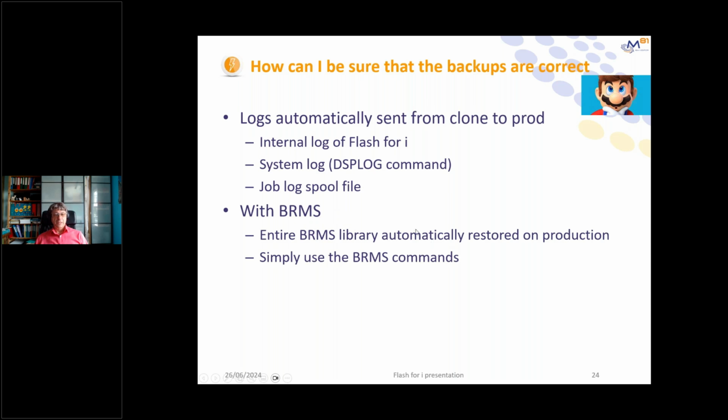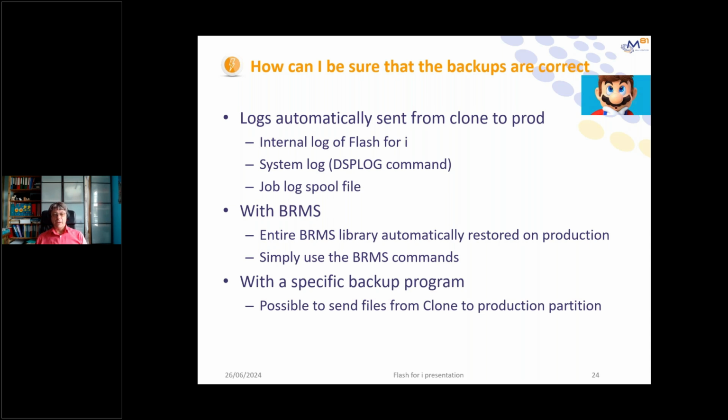And if it's BRMS, the entire library is saved and restored on the production. So you have everything from BRMS. So just use BRMS commands. And if you have a specific program, there's one command that you can include in your program that will send a library or a file or whatever you want to the production. So you will also have the history.